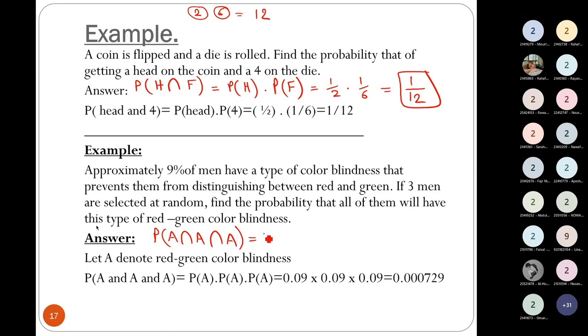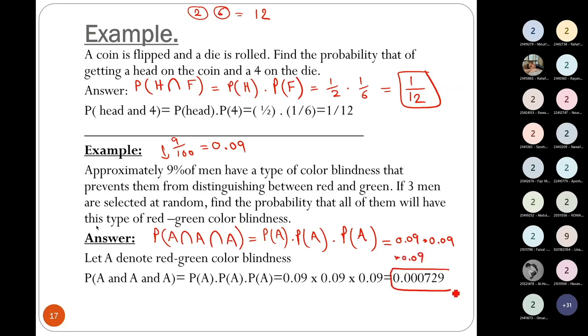So this equals P(A) multiplied by P(A) multiplied by P(A). The probability of this color blindness is 9/100, which equals 0.09. So this equals 0.09 multiplied by 0.09 multiplied by 0.09.